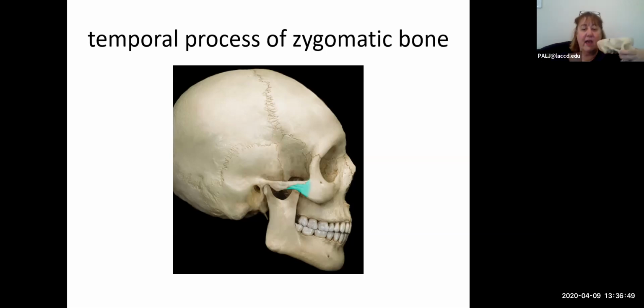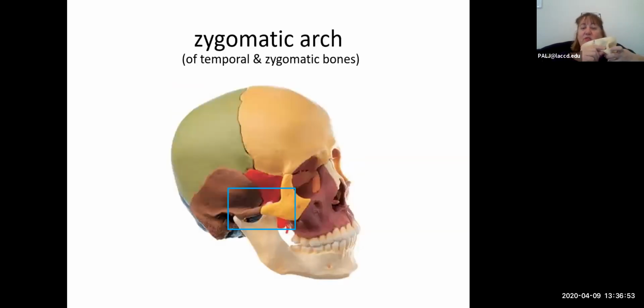And if you recall, from the temporal bone, we had a zygomatic process, okay? And those two processes together is what gives us this beautiful little arch right here, called the zygomatic arch. So the zygomatic arch is made of the zygomatic process and the temporal process.